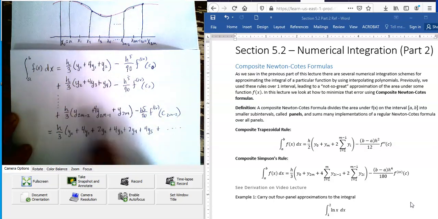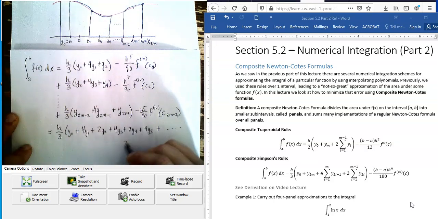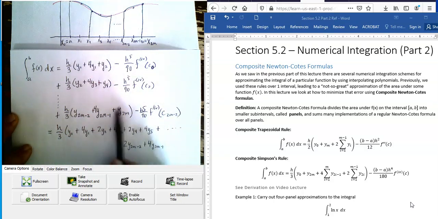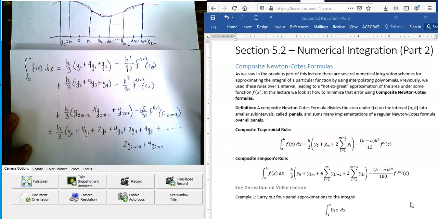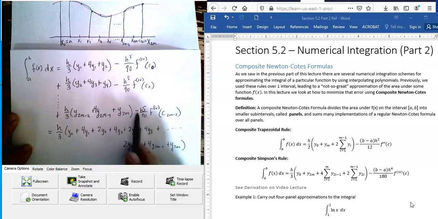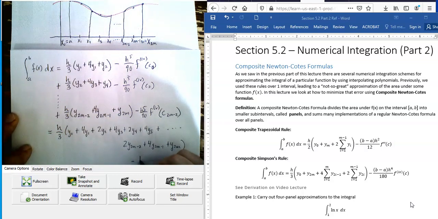Let's think about how many of these we're going to have. Well, if we continue the pattern, we're going to have 2 y sub 2m minus 2s, 4 y sub 2m minus 1s, and then how many y sub 2m's will we have? Well, just 1, because that's our last term. So plus y sub 2m there, minus our error term, which is the summation of all of these guys.